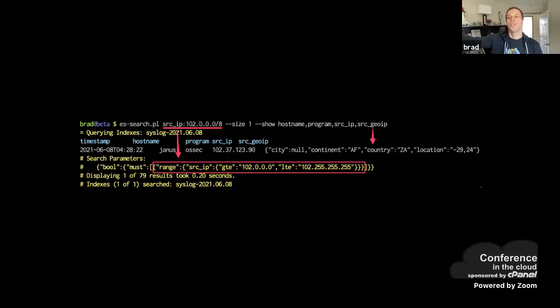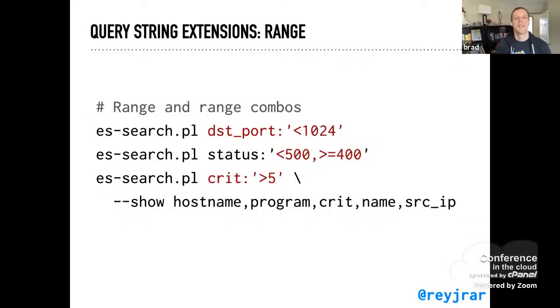Another thing I wanted to show is if you show a field that contains structured data, you'll get that structured data back, so it'll JSONify it. And here you can see in the search parameters that our CIDR notation was transformed into a native Elasticsearch range query, and the villagers rejoiced.